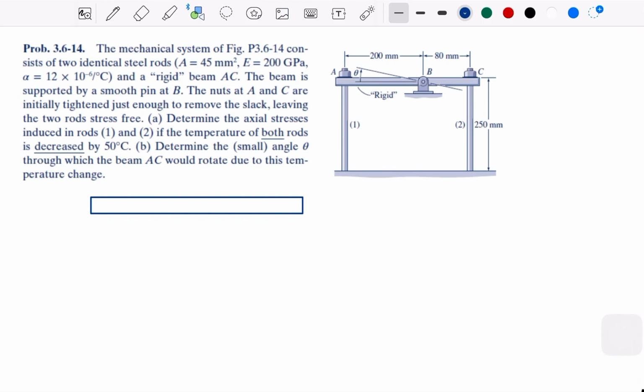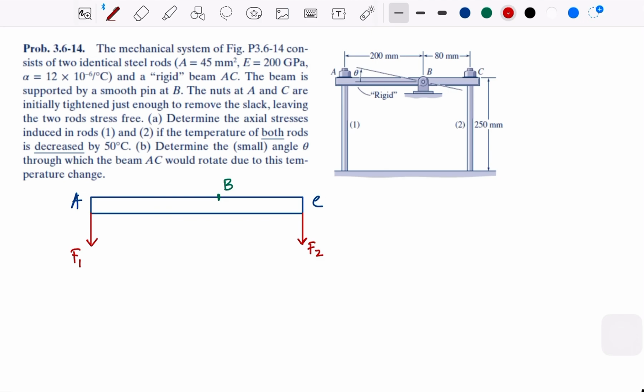Let's say this is the beam, so beam AC, and then let's say B is in the middle here, or near the C, right? So B, and then we can take the internal forces. This is F1. Let's say this is also F2.